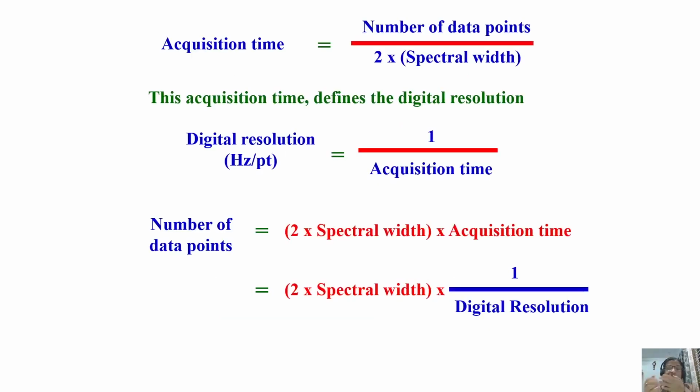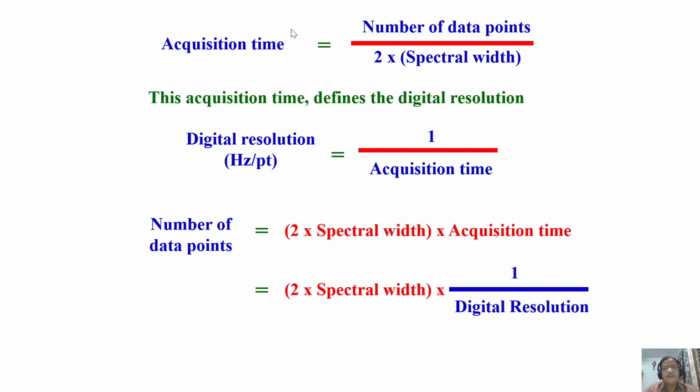and let us see how we have to choose the spectral width. I said we should have a spectral width that also defines your resolution and how much time the signal is taking, how long you have to acquire; everything we have to decide. For example, acquisition time is the time required to acquire the time domain signal.